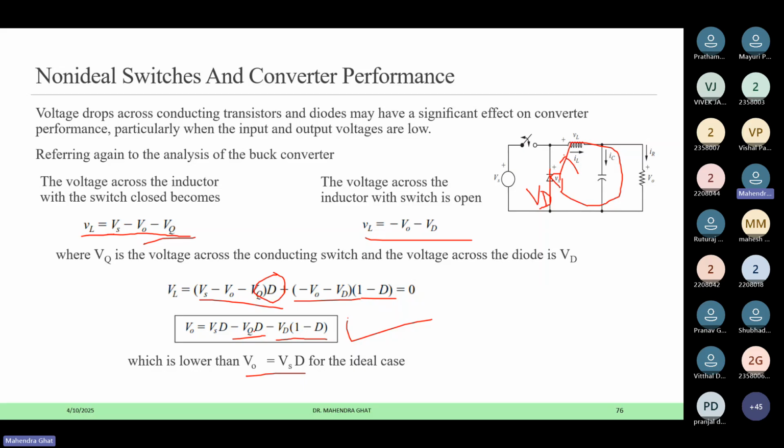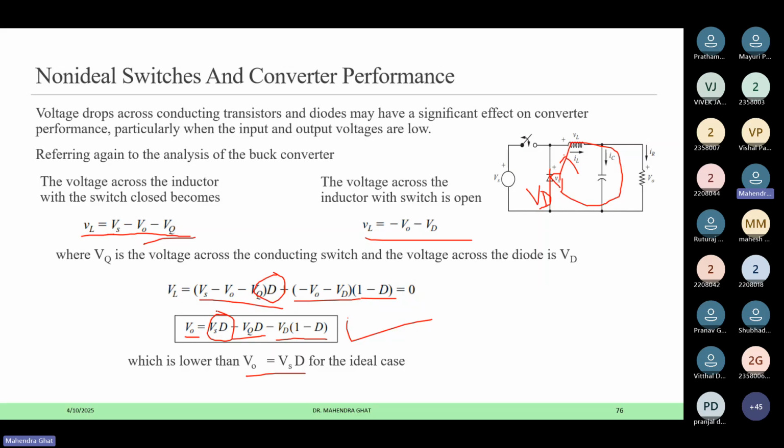So the output voltage will be lower than the ideal case, because this drop is getting subtracted from what we got in the initial, ideal case. So these are some things which we have to consider while designing practical converters.